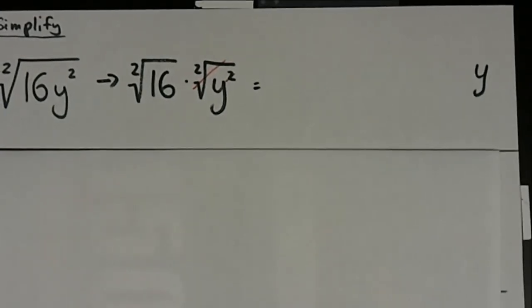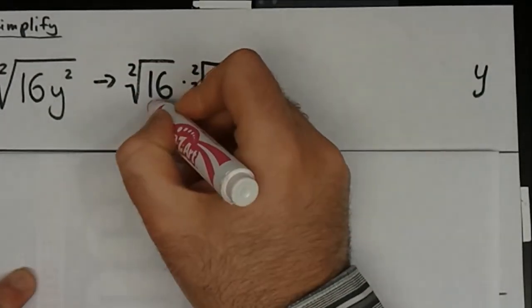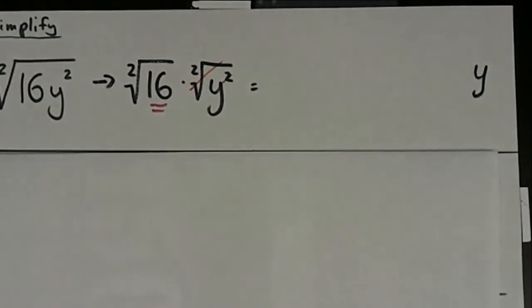So I already know that part of the answer. Now what about the number? How can I write this number, this one right here, so that it's in exponential form? What can I write it as so it's in exponential form?